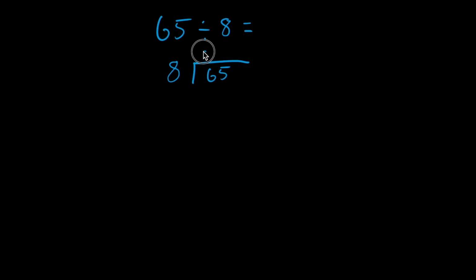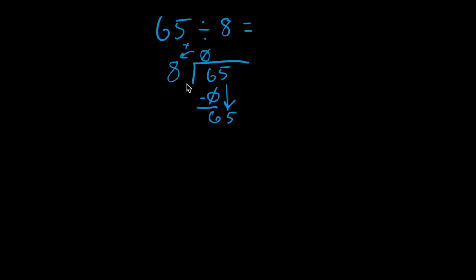You can't, so you'll write a 0, and then you multiply 0 times 8, and that gives you 0. 0 times 8 is 0. And 6 minus 0, 6 minus 0 is 6. And you bring down the 5, so now you have 65.